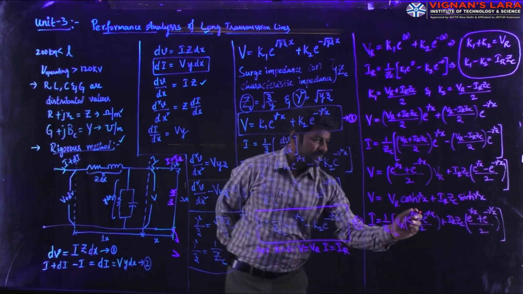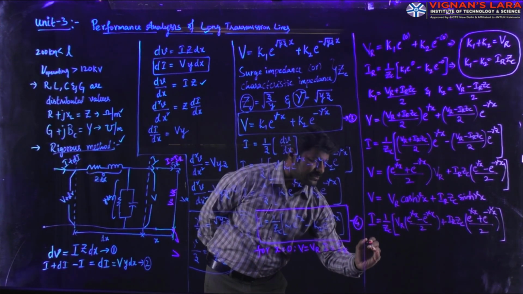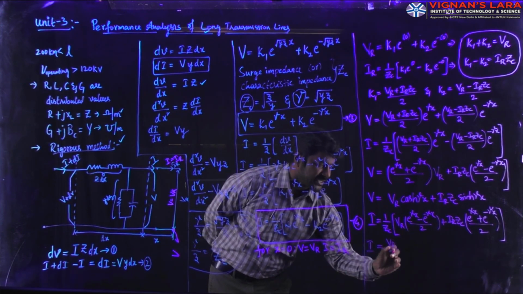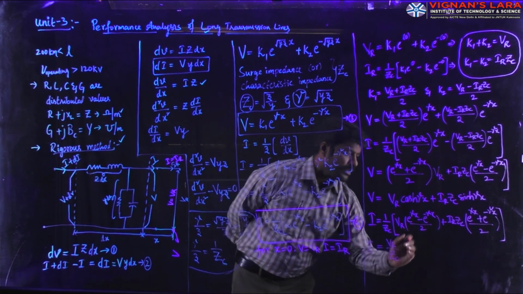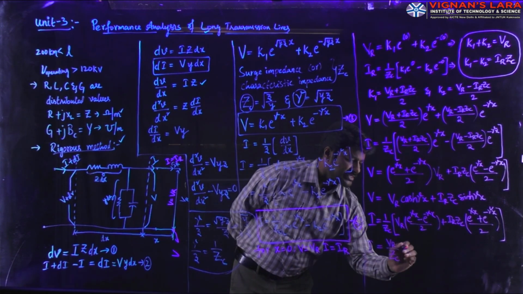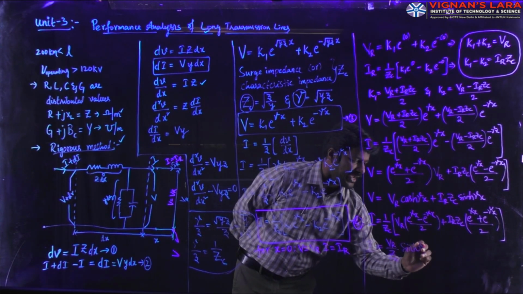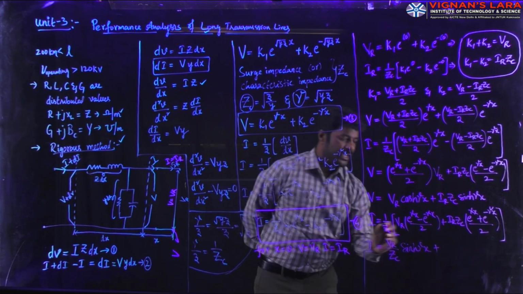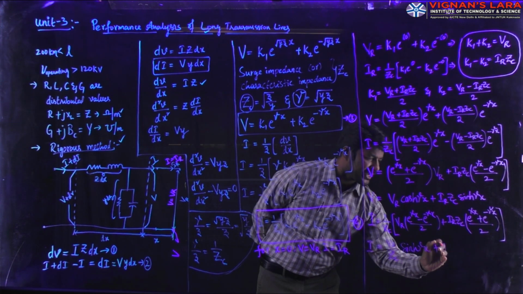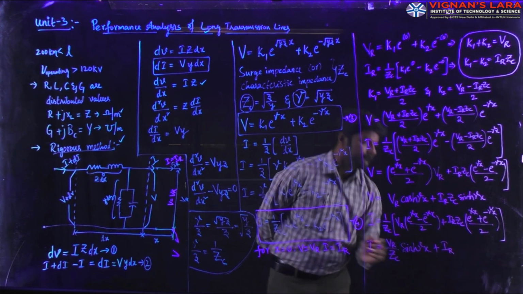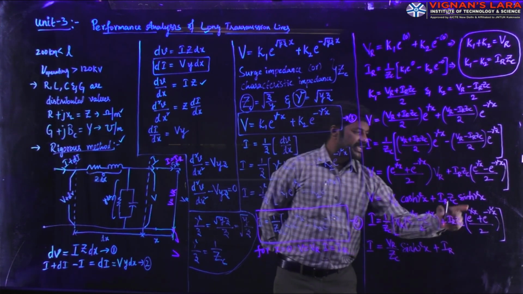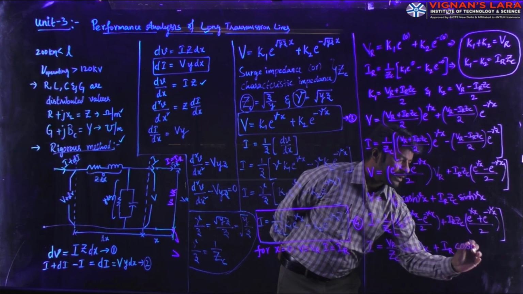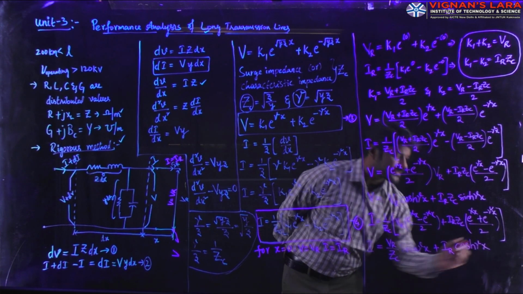For further simplification, I am writing in terms of hyperbolic terms as I is equal to VR by ZC, this is a sine term, sinh gamma x, plus, ZC gets cancelled and we get IR. And this exponential term, if you verify, is a cosh term, cosh gamma x.